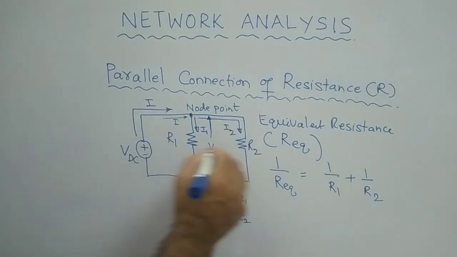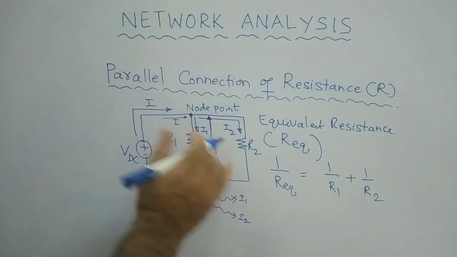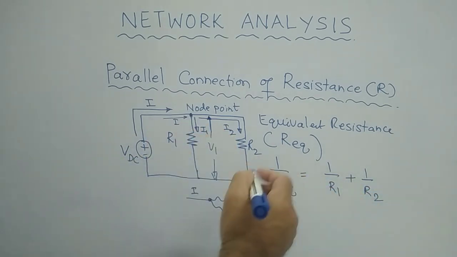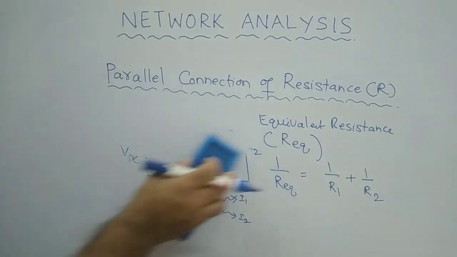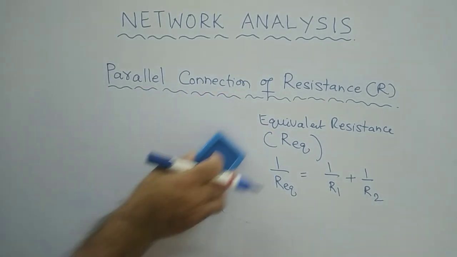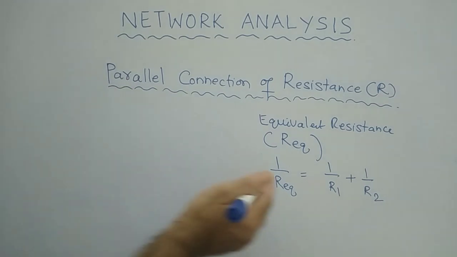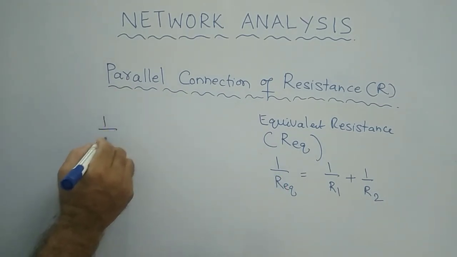For these two resistors, as we have two resistors in this circuit, this is the simple expression. If you simplify it further, taking the LCM, 1 by R equivalent is equal to R1 plus R2 by R1 into R2. Now I need to find R equivalent, so just reverse this expression.